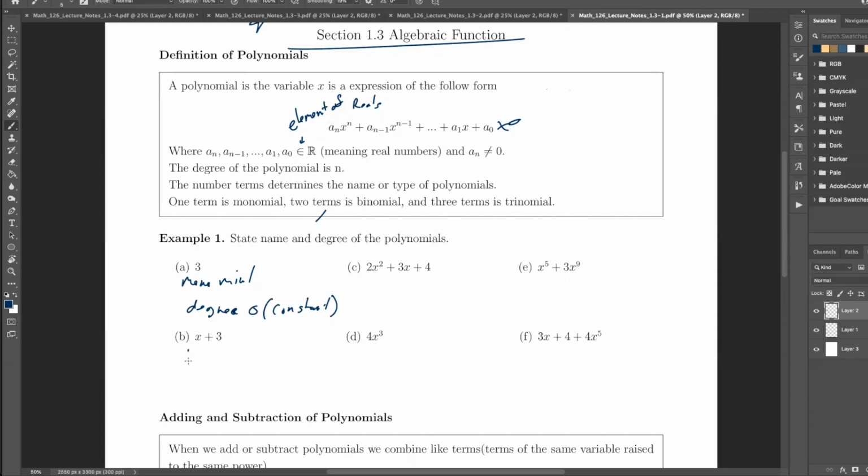Here, we have a binomial. And here, the highest power is 1. So we say that this is degree 1. Here we have a trinomial. It has 3 terms. This would be a binomial.